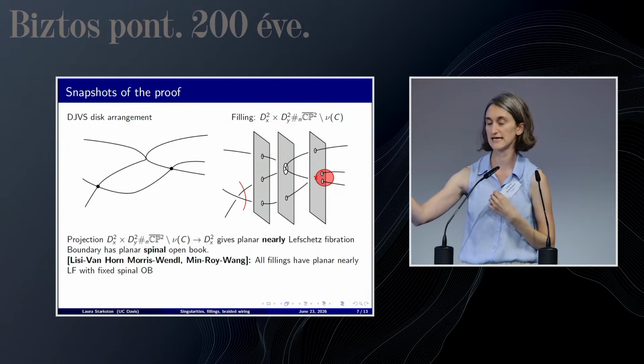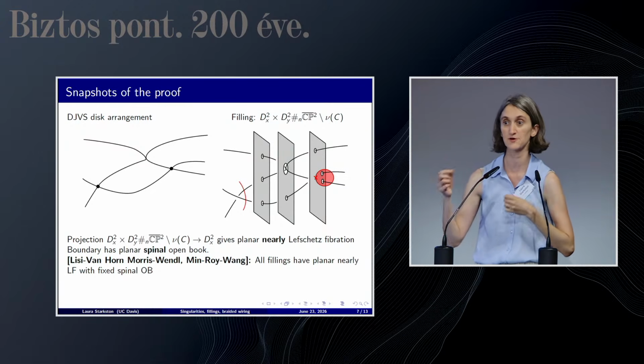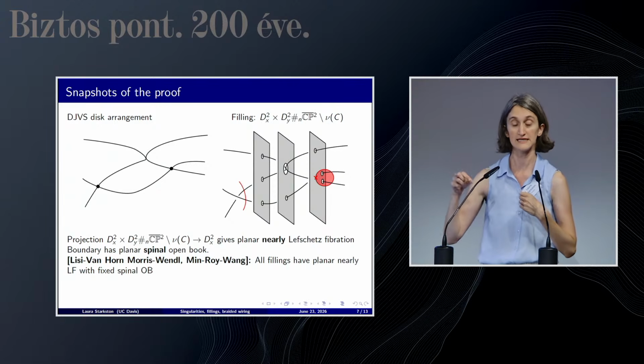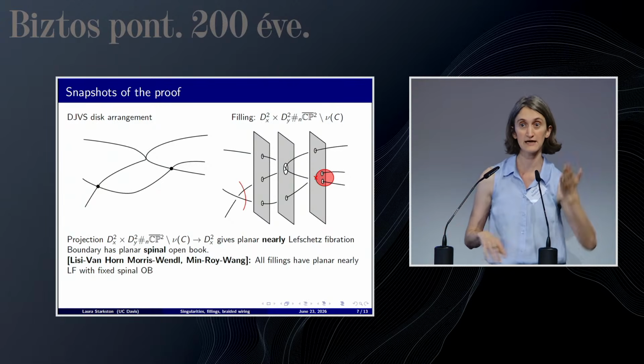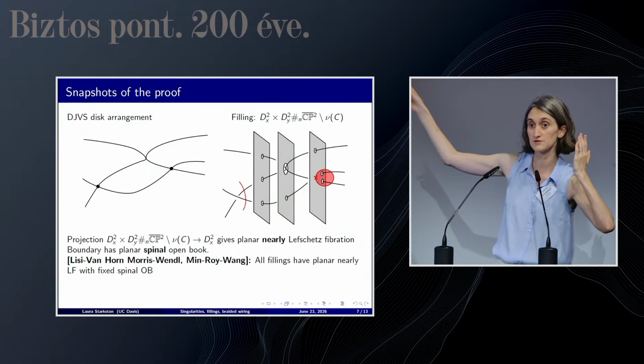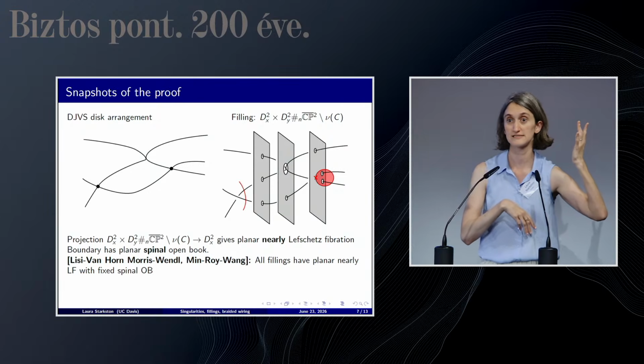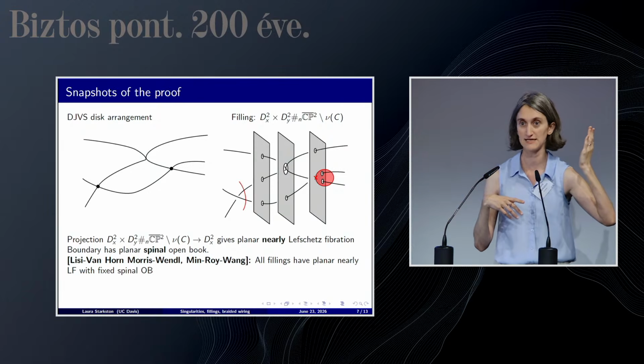We're going to take the complement of the proper transform, so that's going to cut holes in the plane. Our generic fiber is one of these planes with holes, and the number of holes is, in this case, generically 3.